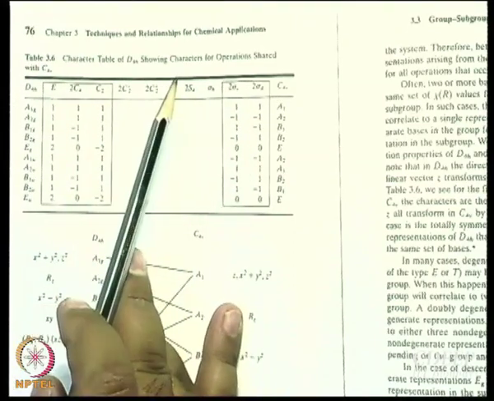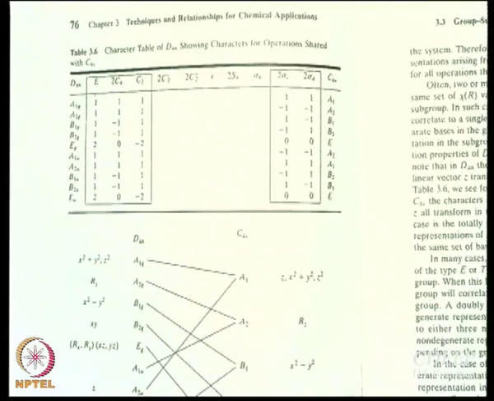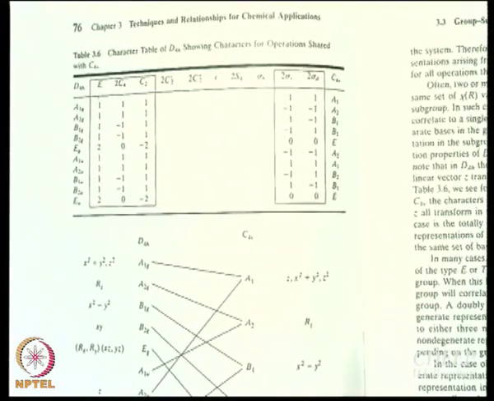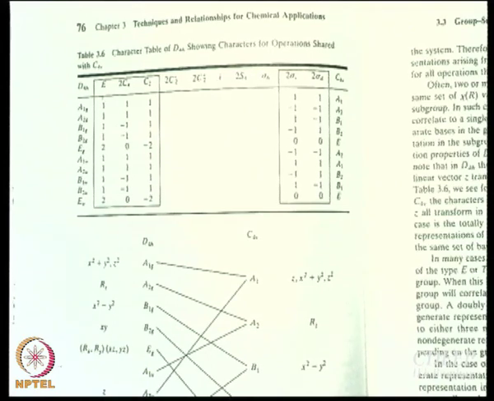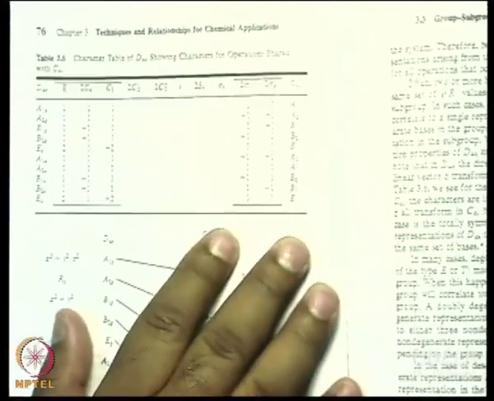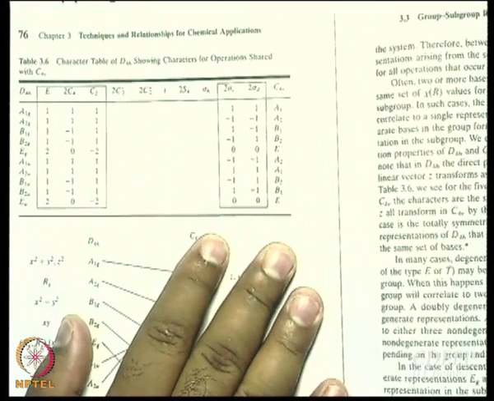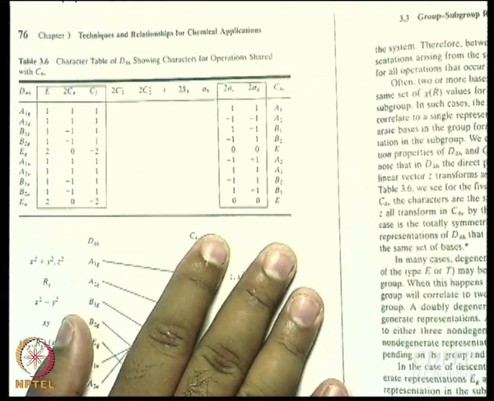C4V, do you remember what would be the symmetry operations? If I say C4V, the principal axis is C4, what else will be there? C4 squared, which is C2, will always be there, sigma V will be there, and you cannot call it sigma D anymore, they also become sigma V's.